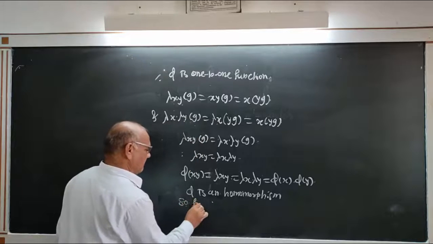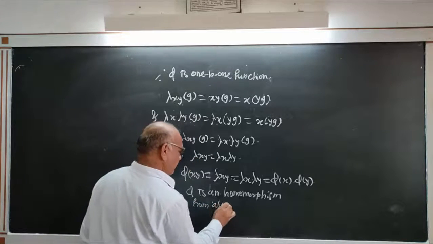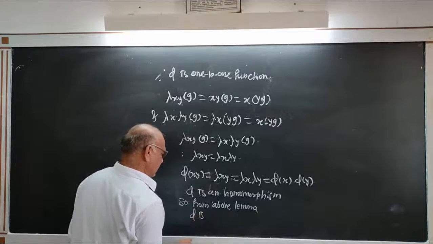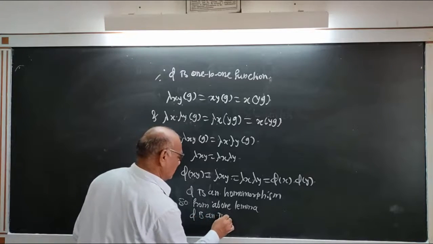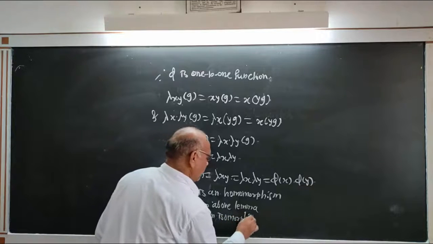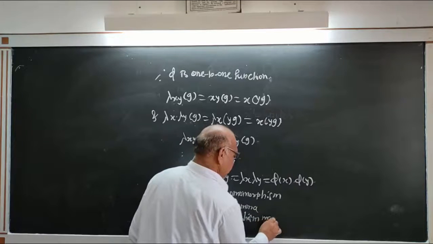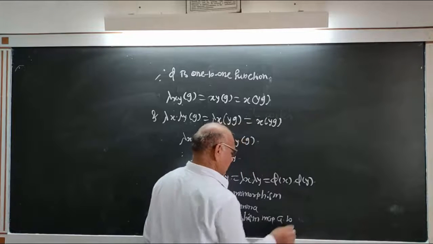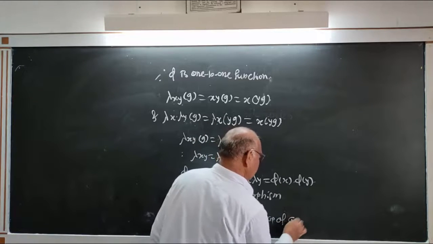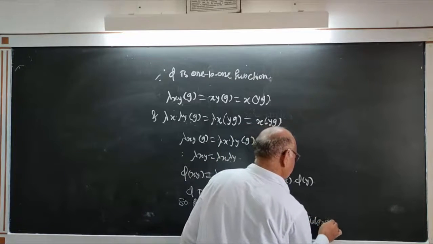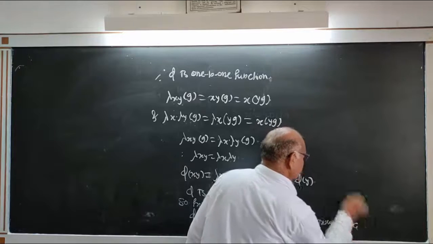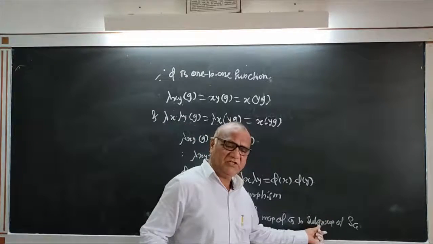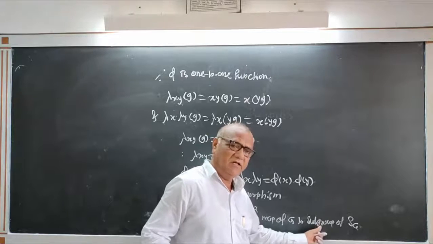So from the above lemma, phi is an isomorphism map from G to a subgroup of H_G. A subgroup of H_G is a permutation group.